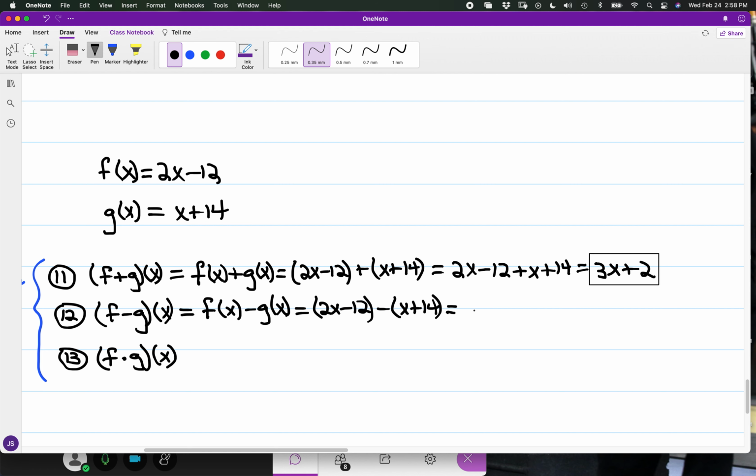So we're going to have 2x minus 12, and then with x plus 14, subtraction will be distributed. So we have minus x minus 14. And 2x minus x comes out to x. Negative 12 minus 14 comes out to negative 26.